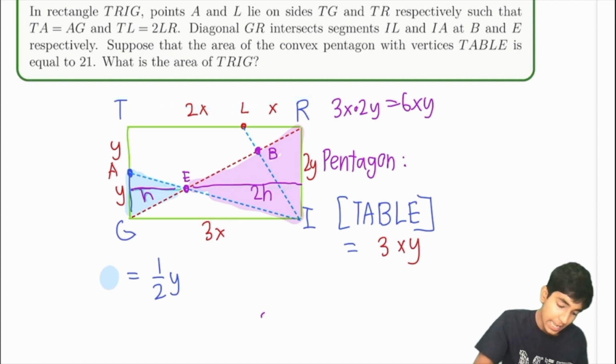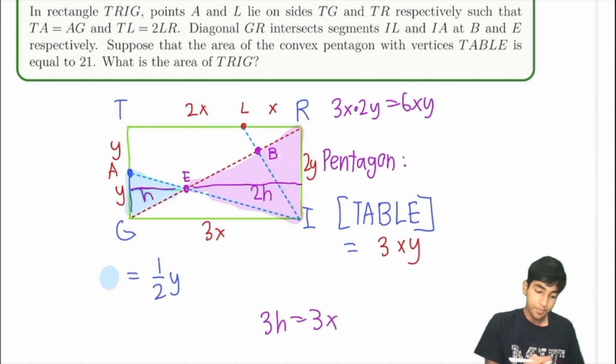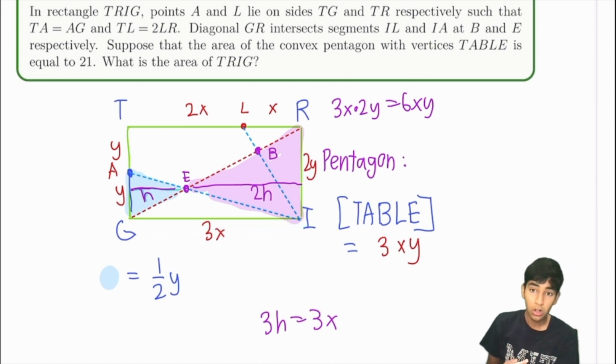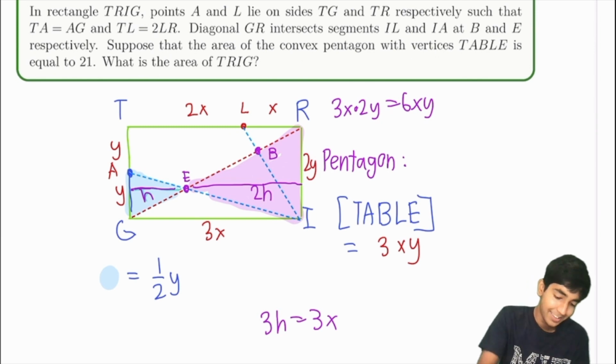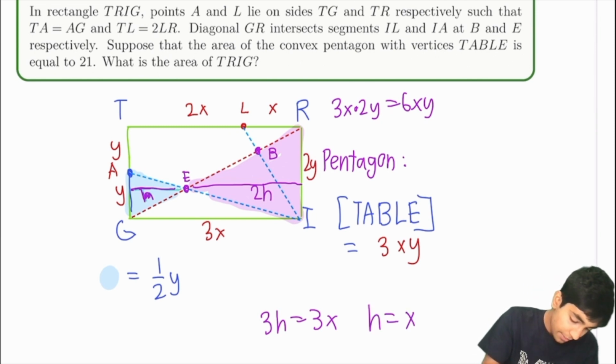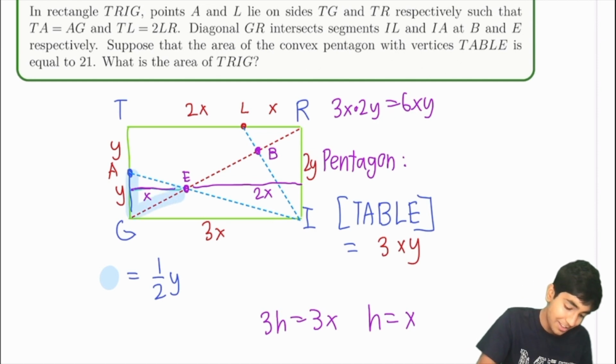So we have 3h, which is this total length from here to here, equals 3x, because they both make up the length of the rectangle. So h equals x. We can erase that and write that as x, and write this as 2x. So the area of the blue triangle, oh, I erased the blue, is half yx.